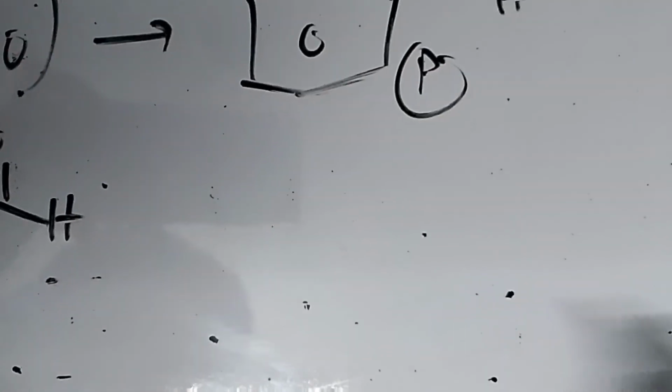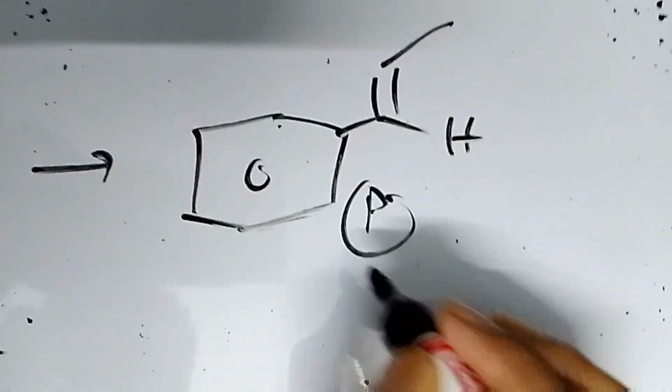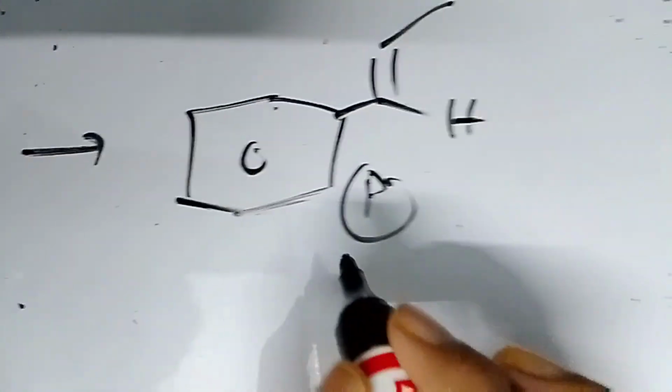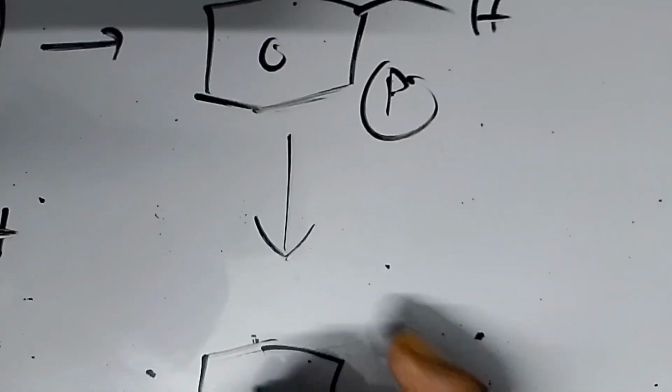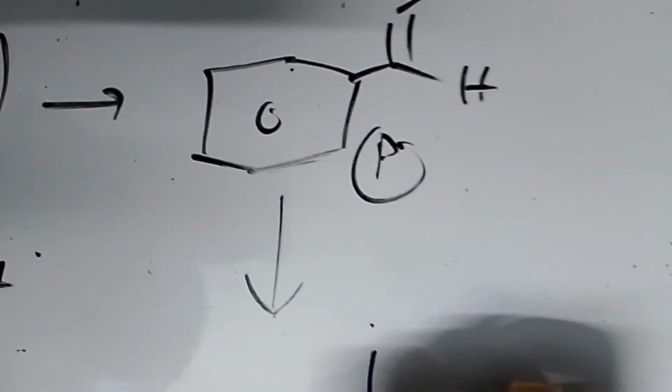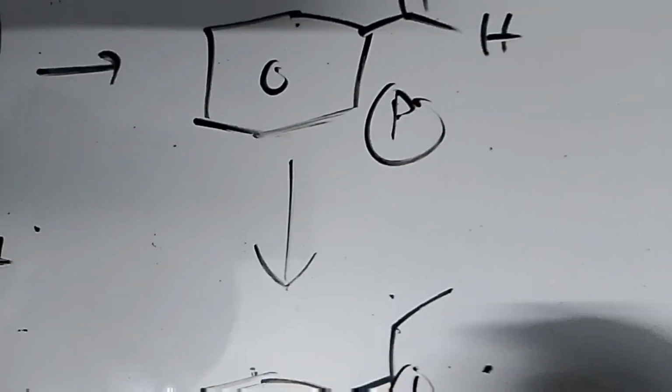Now we are to answer the following questions. The first question says: what is the total number of major products formed through the most stable carbocation when P is reacted with HBr in CCl4? So this compound is reacted with HBr in CCl4 medium, normal Markovnikov addition takes place, and the most stable carbocation formed in the process is this.